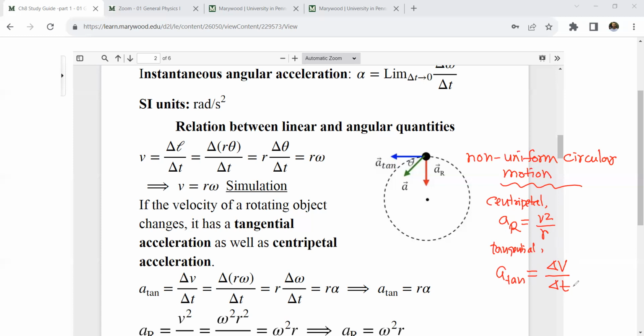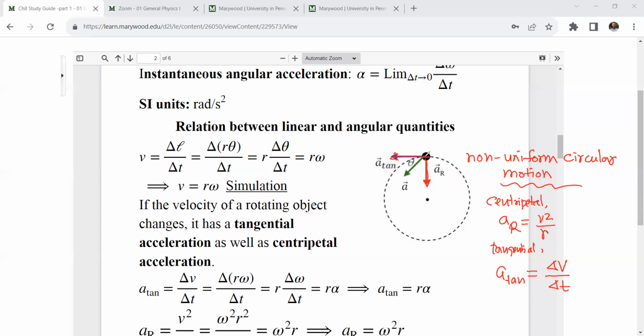So it's just a general case where the motion is non-uniform. If the motion is non-uniform, we have two accelerations. One is centripetal acceleration, whose direction is to the center. And tangential acceleration's direction is tangent to the circle at any point of the circle.